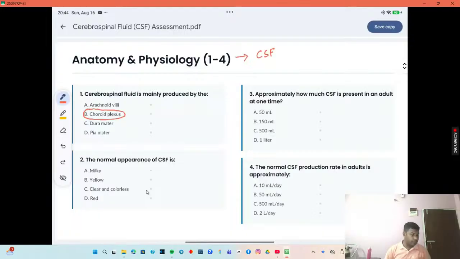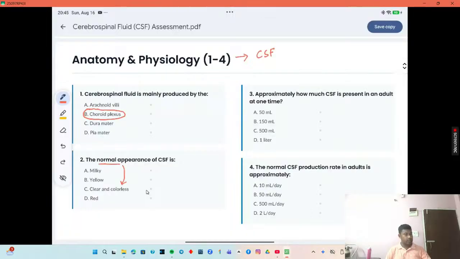The normal appearance of cerebrospinal fluid is. What is the normal appearance of cerebrospinal fluid? The normal appearance of cerebrospinal fluid is clear and colorless.